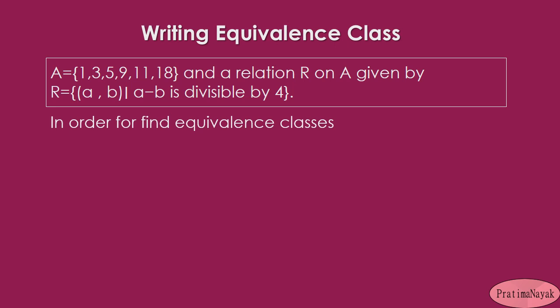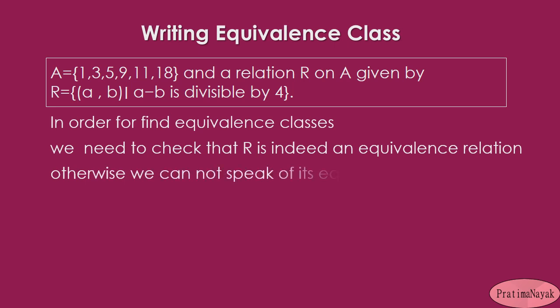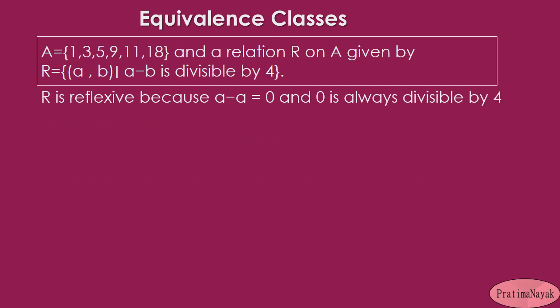So as I told, first we have to check whether it is an equivalence relation or not. Otherwise we cannot speak of its equivalence classes. R is reflexive because a minus a is equal to 0 and 0 is always divisible by 4. So for every element of A, this is true.